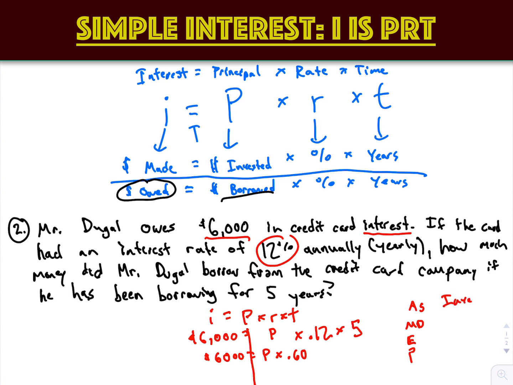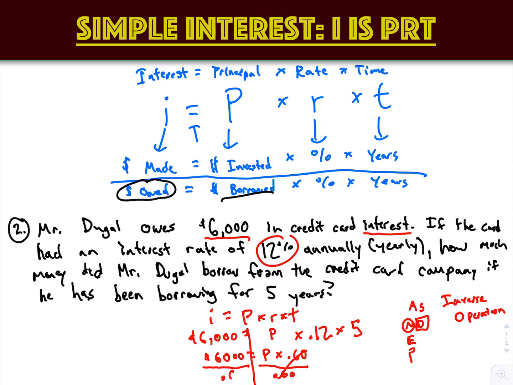When solving for a variable, we always do the inverse operation. We talked about this in previous lessons, and basically here they give us multiplication, so I'm going to divide. Because I'm multiplying by 0.6, if I divide by 0.60, 0.60 divided by 0.60 is just 1. So I'm just left with P on the right side.